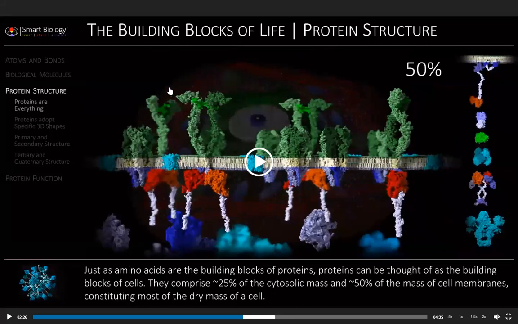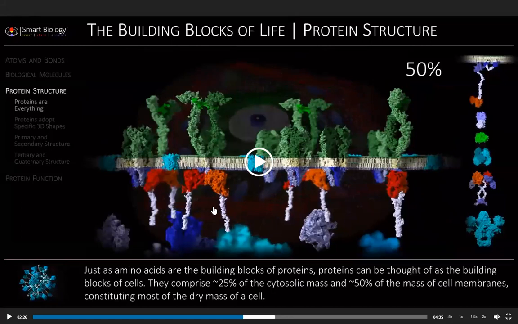So this is the extracellular space. Then we have a transmembrane domain, which is embedded in the membrane. And then we have an intracellular domain, which is looking to the inside of the cell, where these proteins may potentially interact with other proteins in order to carry the signal inside.